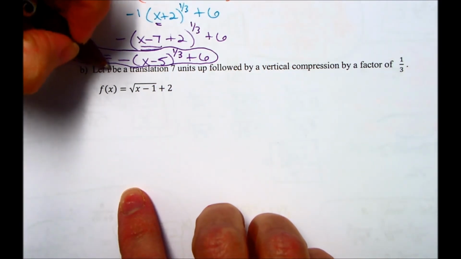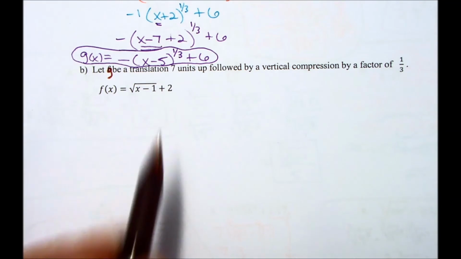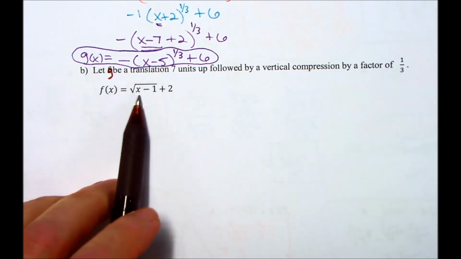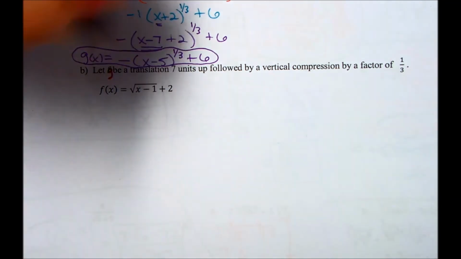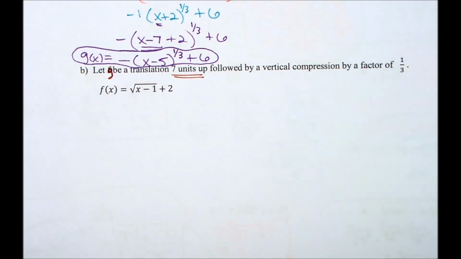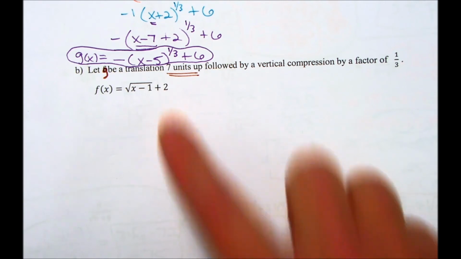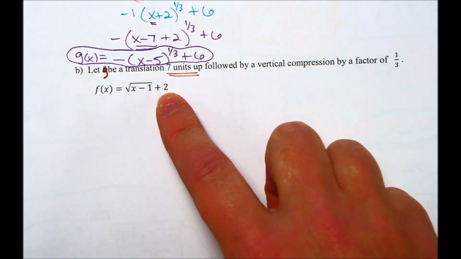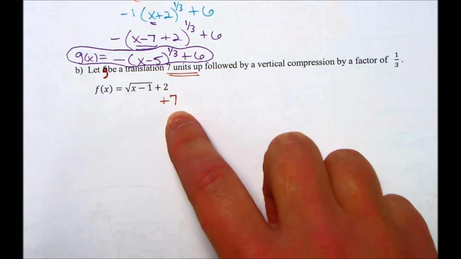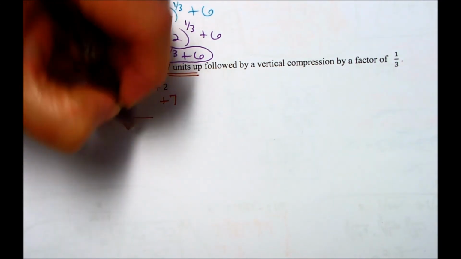So let g be a translation of f 7 units up. So when you're going 7 units up, you simply just have to add 7 to the k value. So if it's already up 2, then you just go up 7 more, and now you're up 9. So right now we just have x minus 1 plus 9.